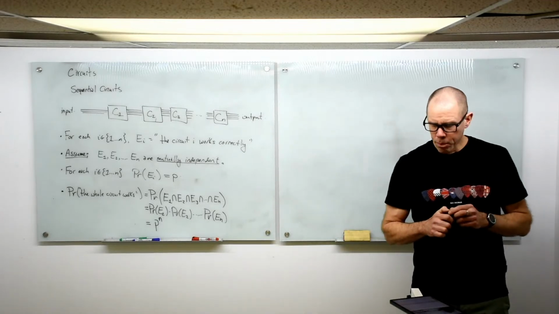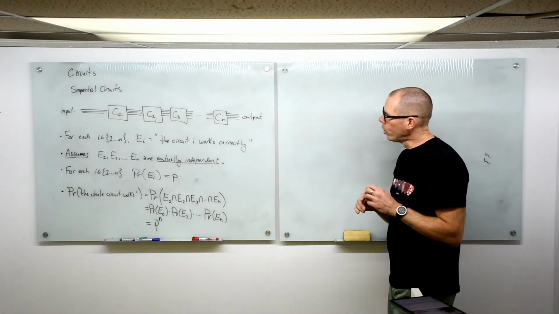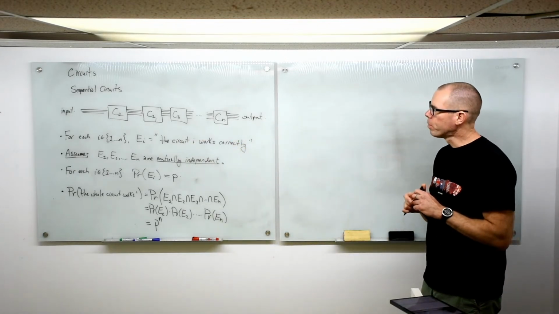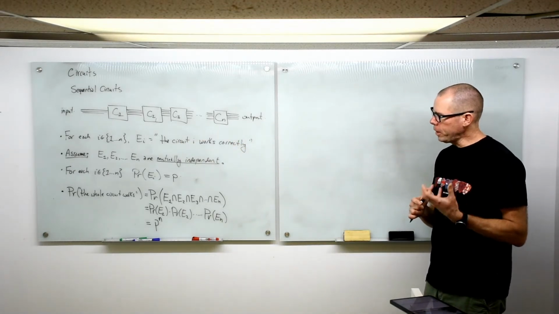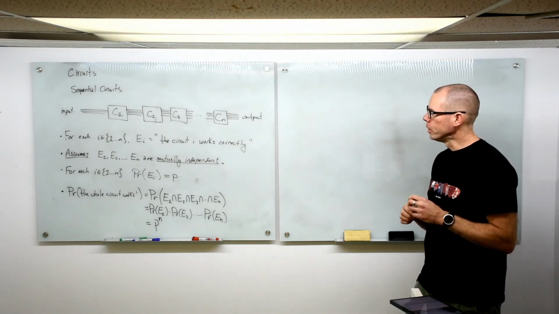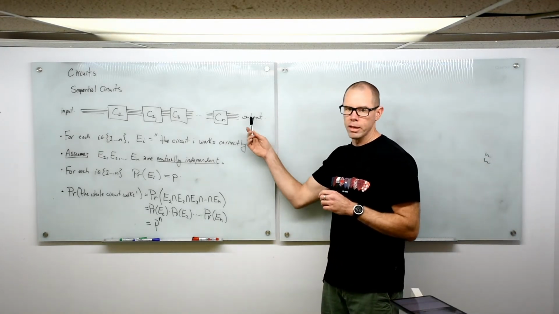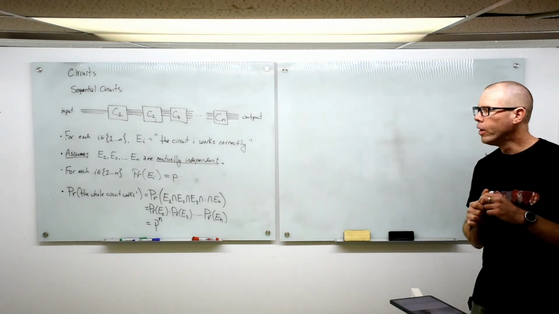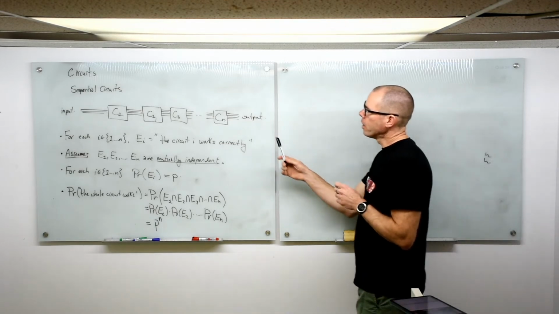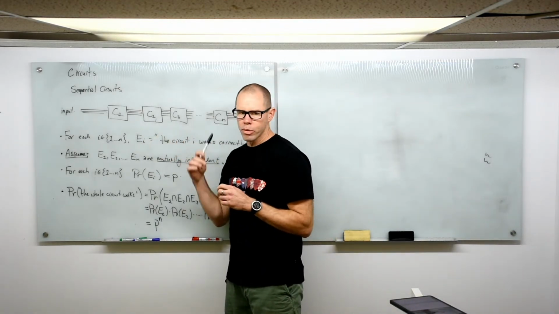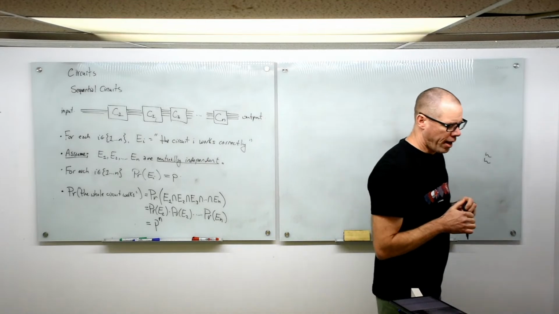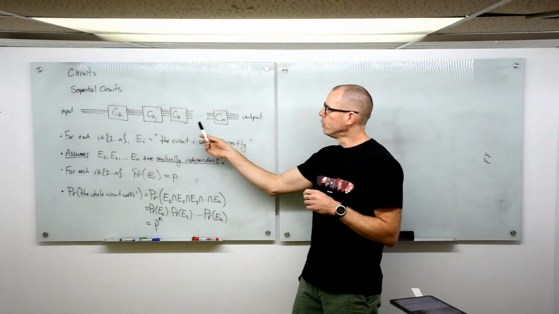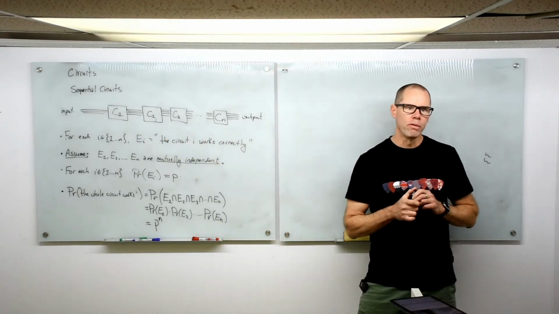So the probability that this whole circuit works, if each individual part works with probability p, is only p to the n. So think, if p is a half and n is 10, so each of these circuits works with probability a half, and there's 10 of them, then the probability that the whole thing works is only 1 out of 1,024.